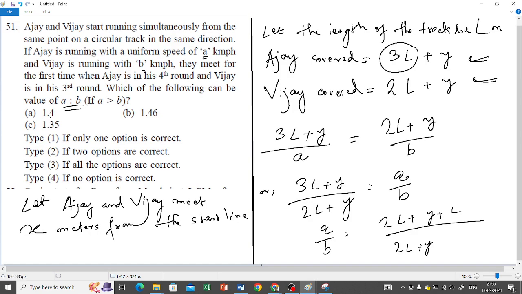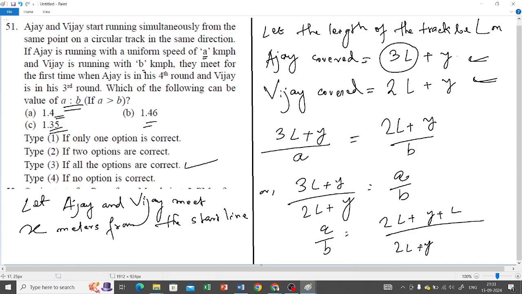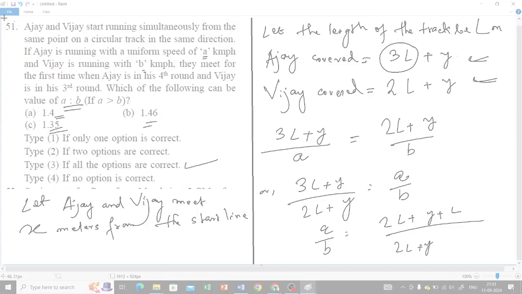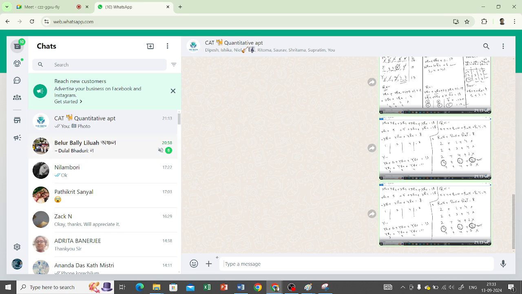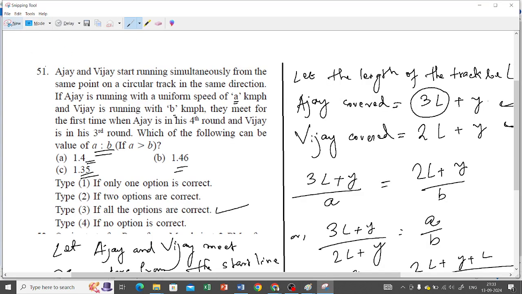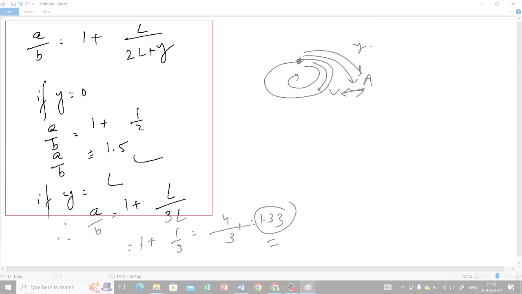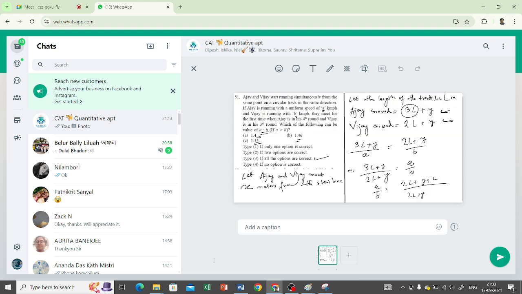You see, all the options are correct. Yes, this is also correct, this is also correct, this is also correct. So C is the right answer. Do you understand this sum? Hello? Yes, sir.